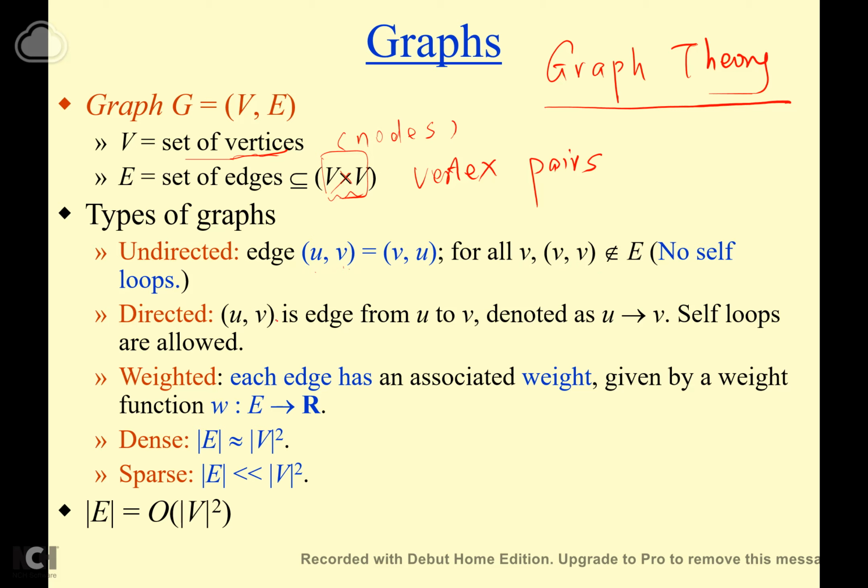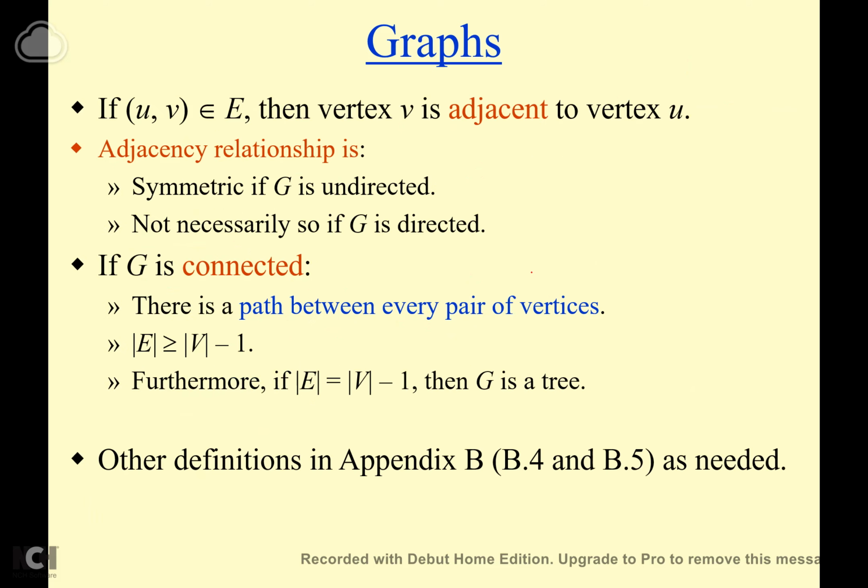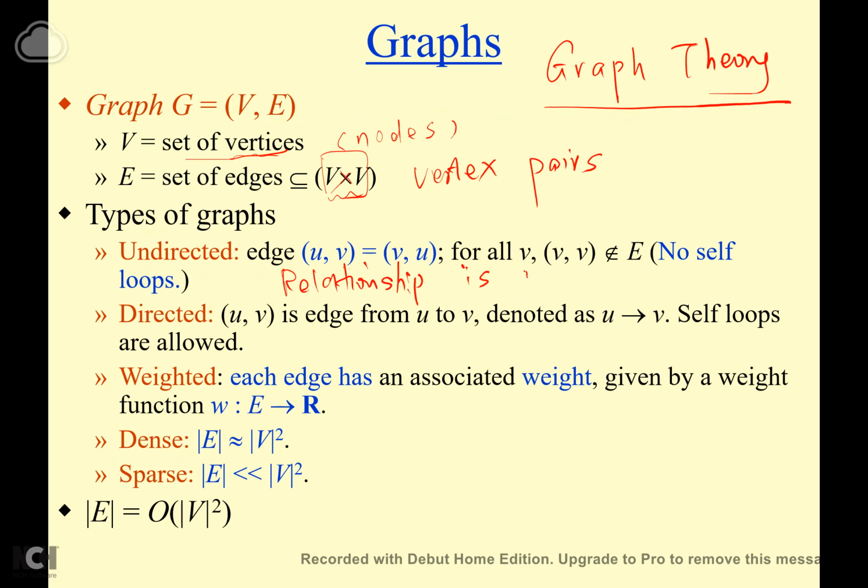In a directed graph, (U, V) is an edge from U to V. This is asymmetric. The undirected relationship is symmetric, and this relationship, since there are no self-loops, may not be symmetric.